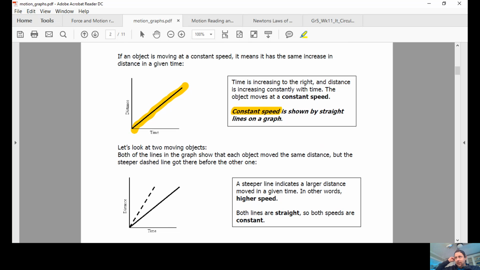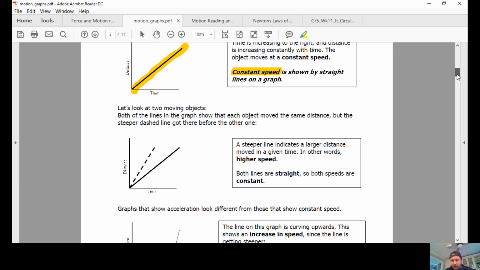I mean, if you think about it, if you're traveling somewhere that's 60 miles away and you go 60 miles an hour the whole time, it will take you an hour to get there. That's if you travel at a constant speed. It's kind of hard to imagine that because we do run into traffic and everything.